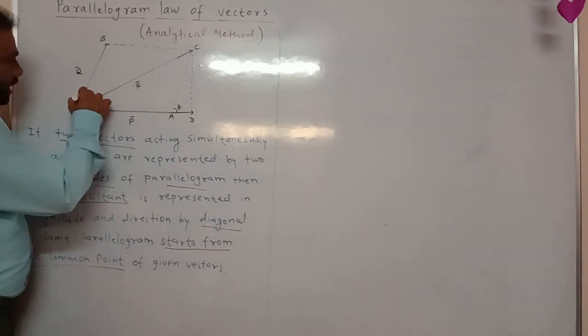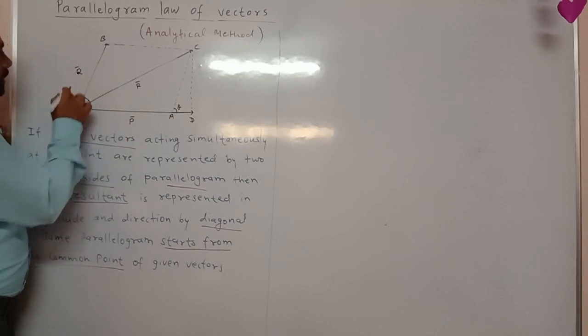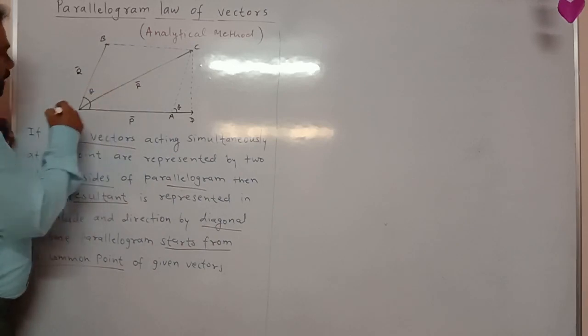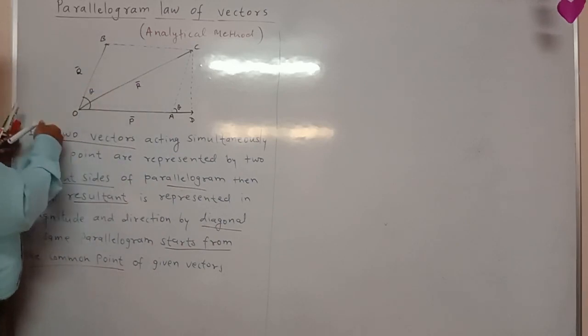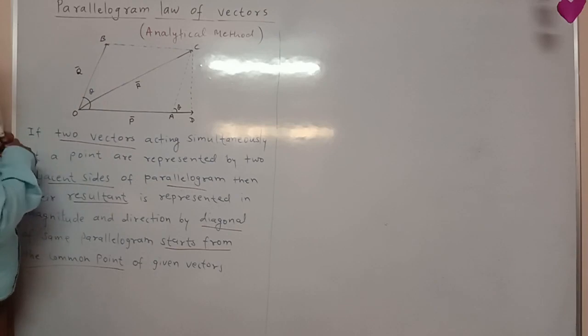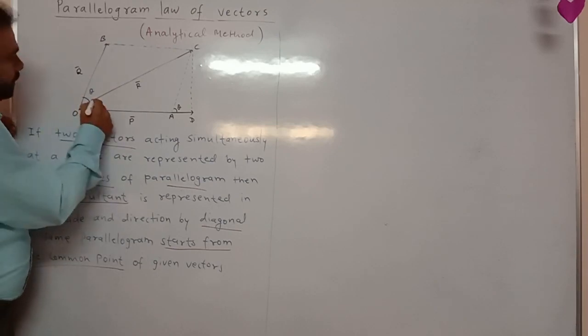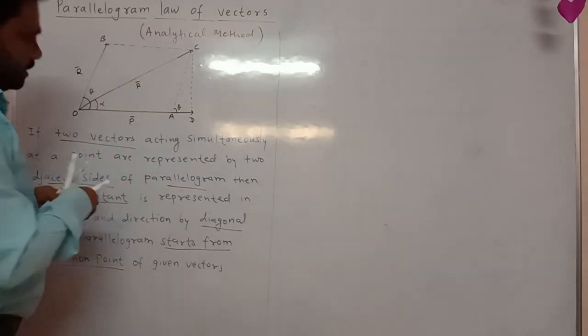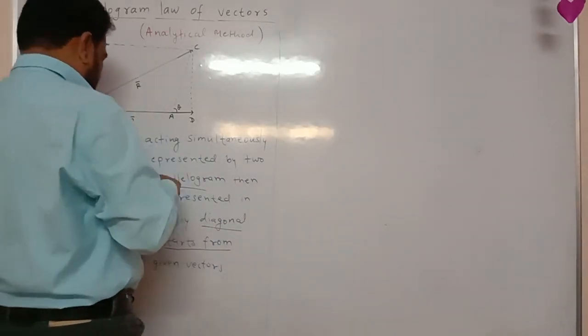Now consider the angle between vector P and vector Q, that is angle theta, and the angle between vector P and vector R is supposed to be angle alpha. Now, in parameters, what do we have to write?